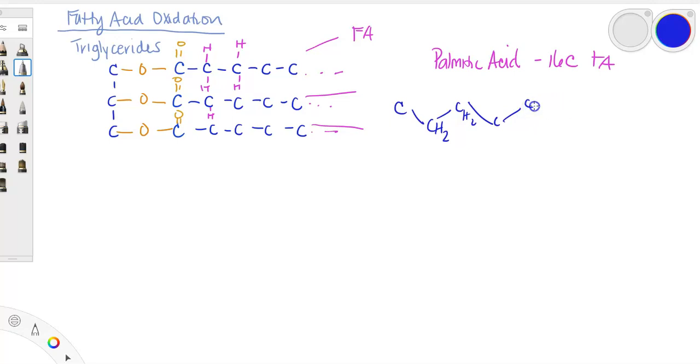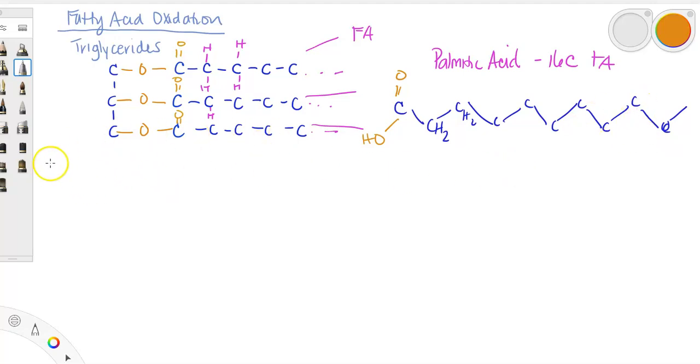I'm just going to do C's here. Okay, so these are carbons. And this first carbon, it's got an oxygen and hydrogen there. Okay, that doesn't matter, don't even worry about that. So we're looking at this chain of carbons, okay?